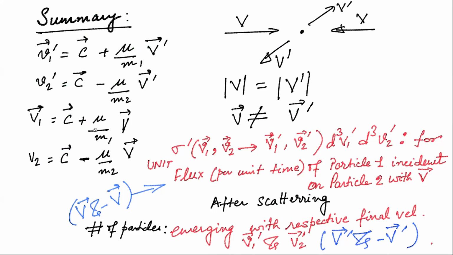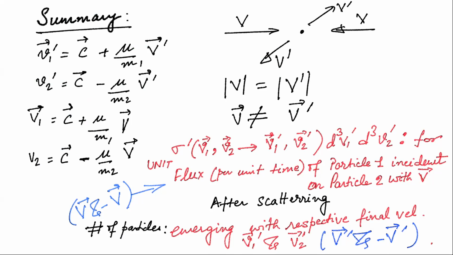Sitting on the center of mass, which is moving, one is approaching the center of mass with velocity mu by m1 into v. The other has approach velocity mu by m2 into v, a different value but opposite direction, and thereafter they go apart in two different directions, right?